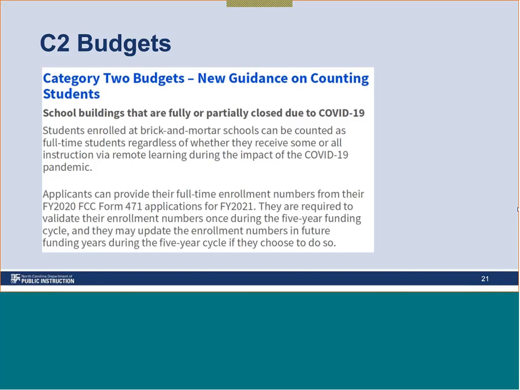That's remote learning, okay? Those kids get counted in your Category 2 budget because they are physically enrolled in a brick and mortar site. So there is a difference, and you need to understand the difference between the remote learning children versus a virtual child.